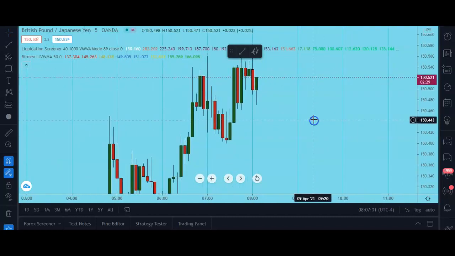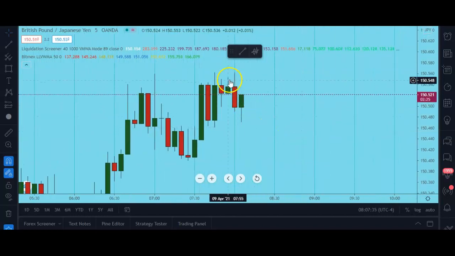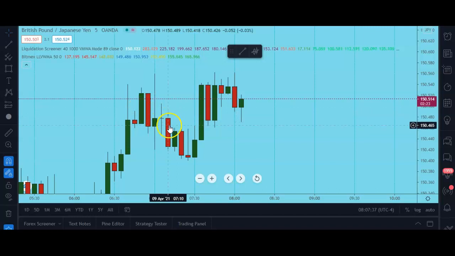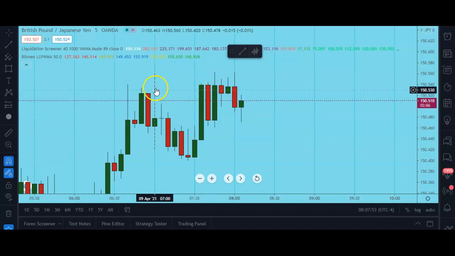And also a few patterns, and the first one will be bearish and bullish engulfing candlesticks. Okay.